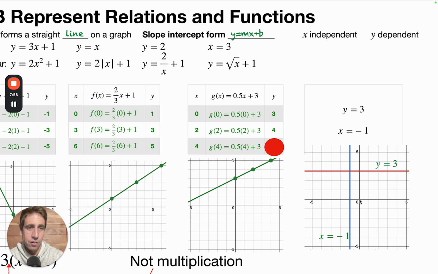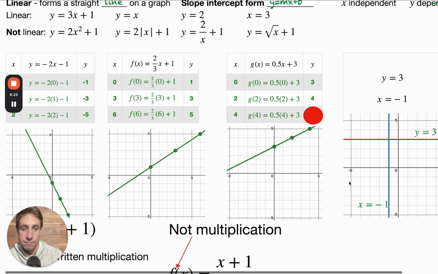So you start here, and if you want to graph y equals 3, you go up the y-axis 1, 2, 3, and then cross that y-axis here to get y equals 3. Similarly, if you want to graph x equals -1, you start at 0, and then you go to the left 1 unit for x, where x is equal to -1, and you cross the x-axis. And that's what you graph.